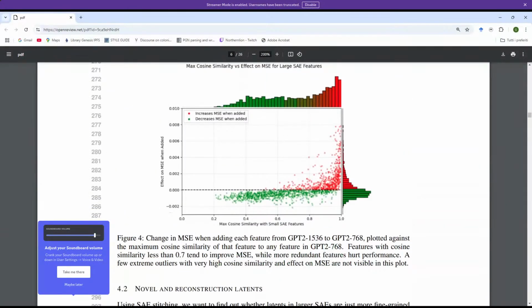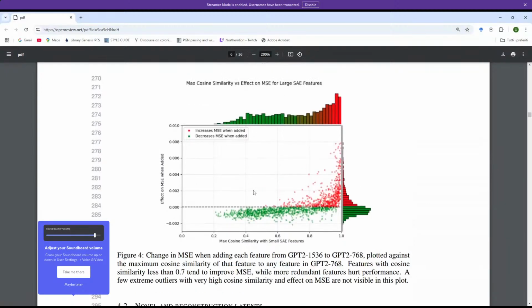And the way that they rationalize this threshold is that you can individually add each latent of the large SAE to the small SAE, and run this augmented SAE and compute the mean squared error over a certain data set.